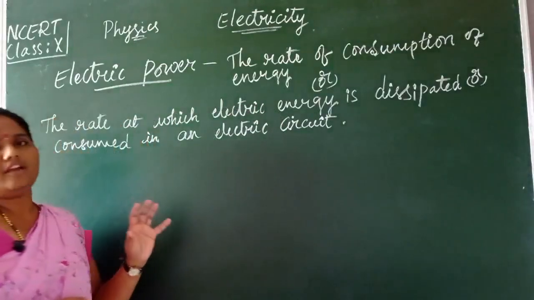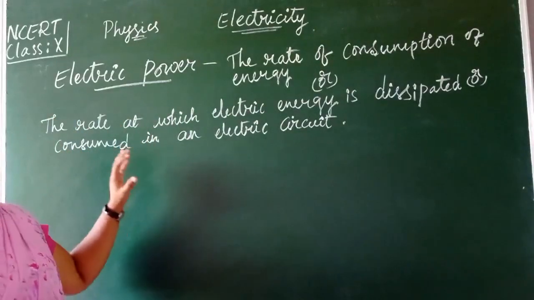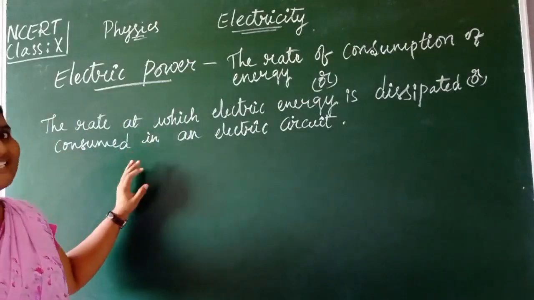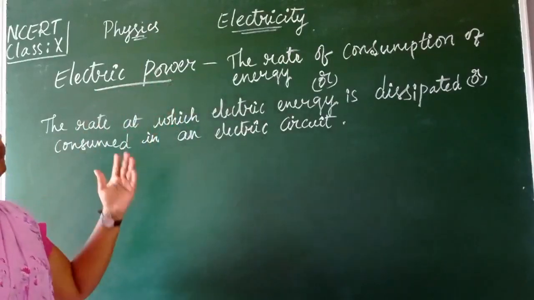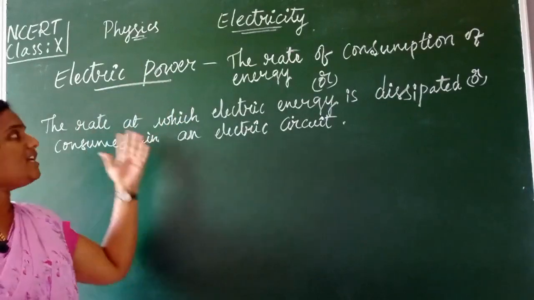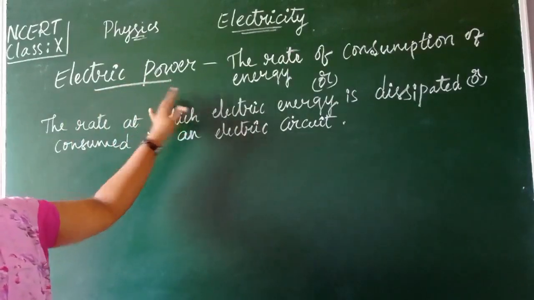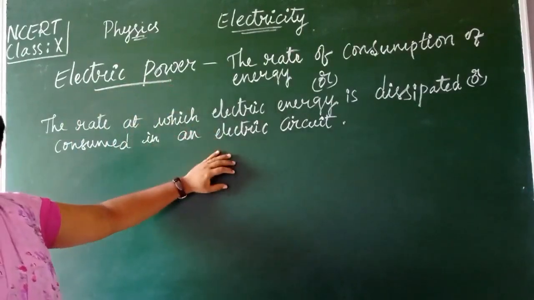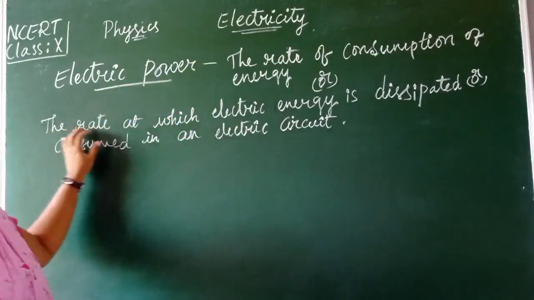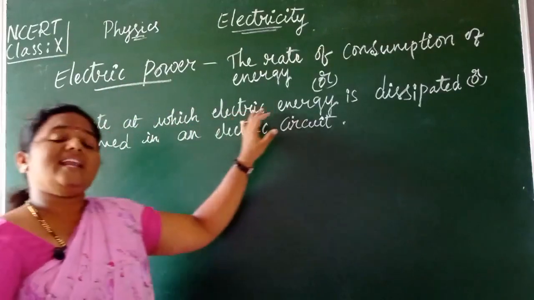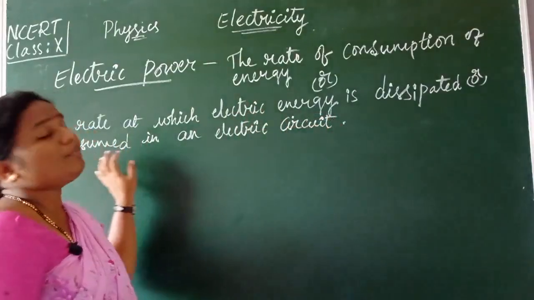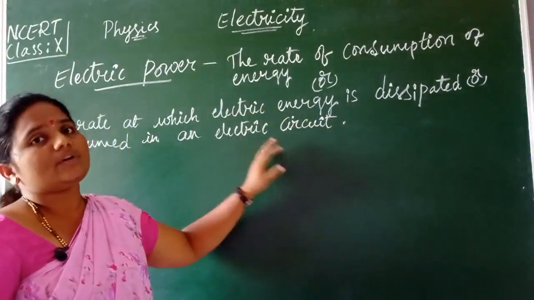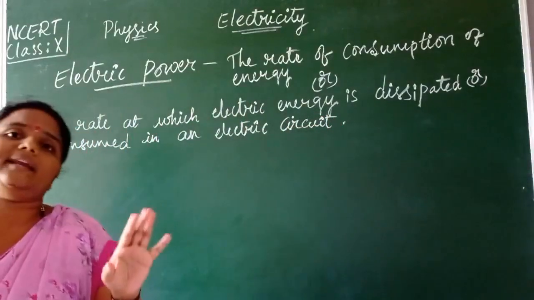The general meaning of power is what, children? Rate of doing work. Isn't it, children? Rate of doing work is called power. So the consumption of energy is also called electric power. In other words, we can say that the rate at which the electric energy is dissipated or consumed in an electric circuit is called electric power.